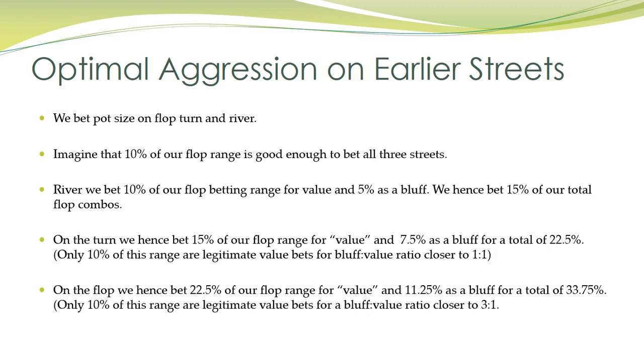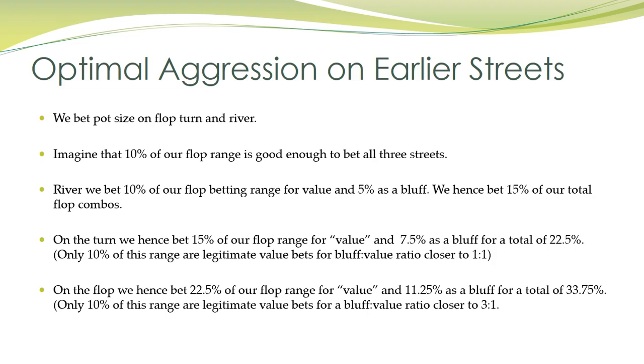What we really want to do is extrapolate what we can learn from this and how it applies to poker strategy. And the overriding concept we want to extract from this is that the earlier the street we are on, the more bluffs we should have for each value hand in our range. So on the river, we actually had more value bets than bluffs.